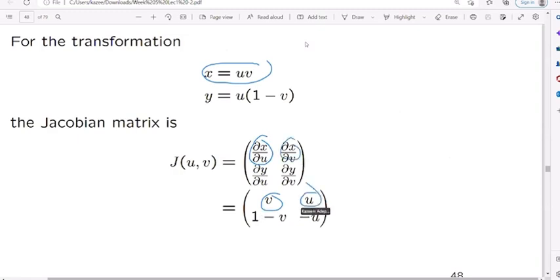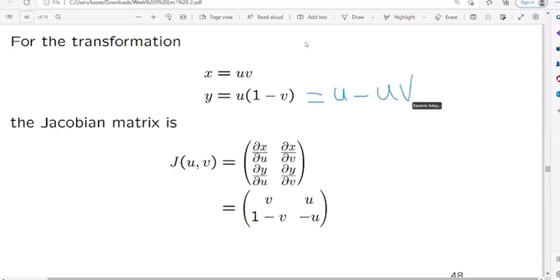Then coming to y, I advise that you first write it as 40u minus uv. Differentiating with respect to u gives 1 minus v, and with respect to v gives minus u. Is there anyone who has trouble with how I got all this? This is more or less multivariate calculus. Very easy.